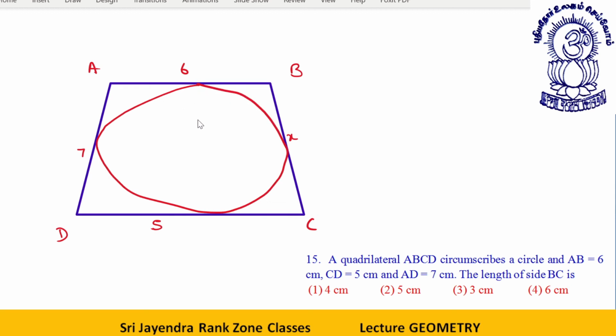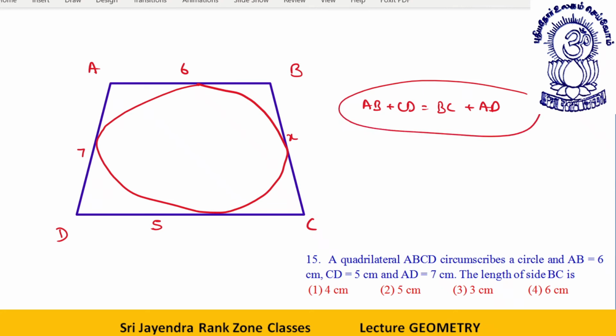Now this is the property: if I take the sum of opposite sides AB and CD, AB plus CD will be equal to BC plus AD. Students, can you remember this? AB plus CD is equal to AD plus BC.